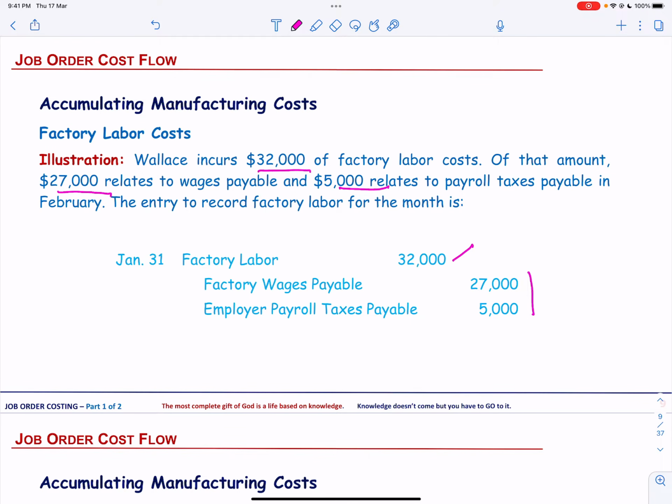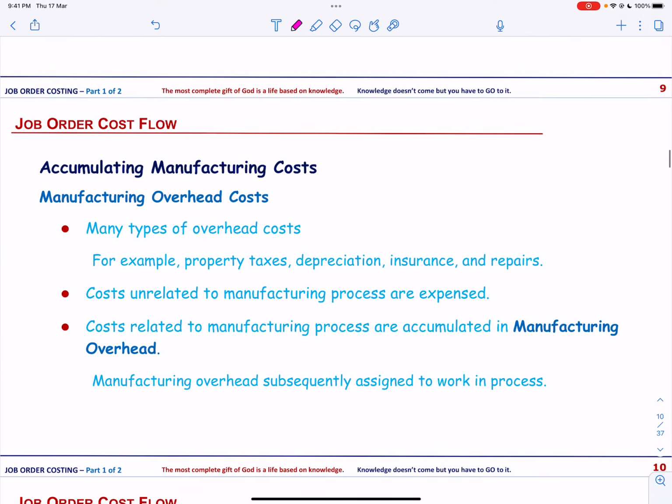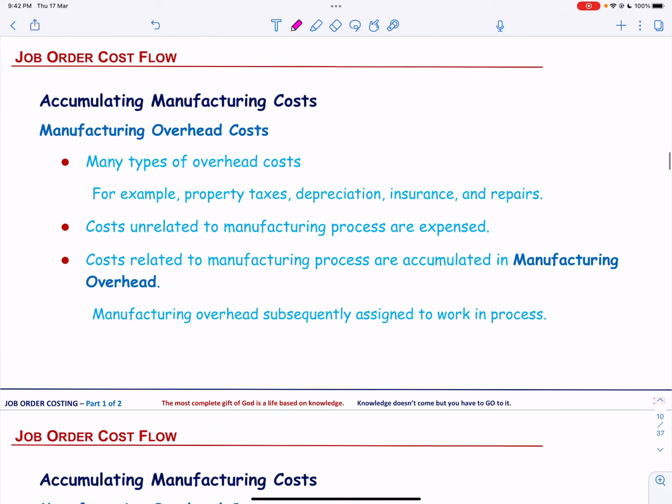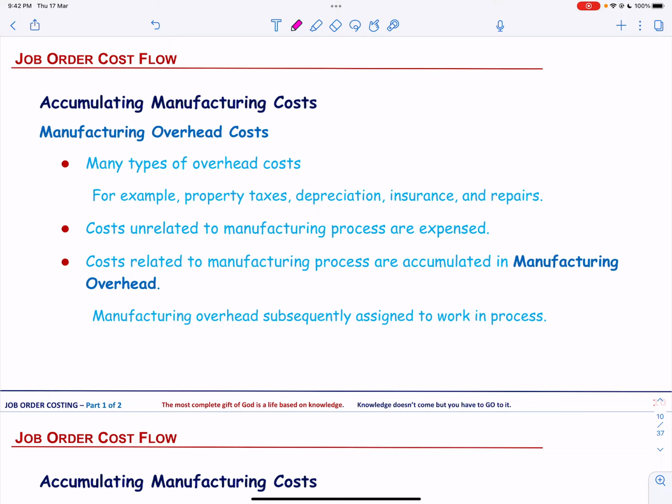Let us now talk about manufacturing overhead cost. Manufacturing overhead cost may be of many types like property taxes, depreciation, insurance and repairs. Costs unrelated to the manufacturing process are expensed, and costs related to the manufacturing process are accumulated in manufacturing overhead.